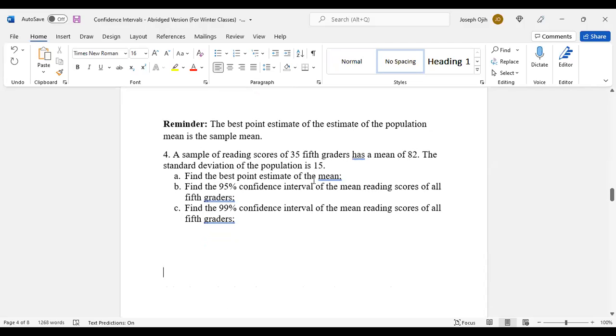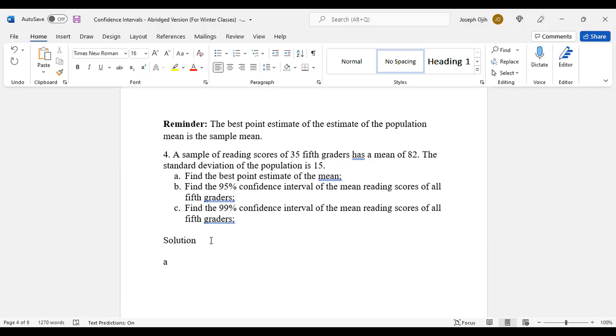Find the best point estimate of the mean. Find the 95% confidence interval of the mean reading scores for all fifth graders. And then find the 99% confidence interval of the mean reading scores for all fifth graders. Solution.